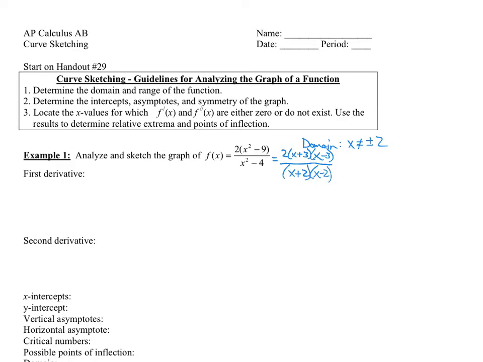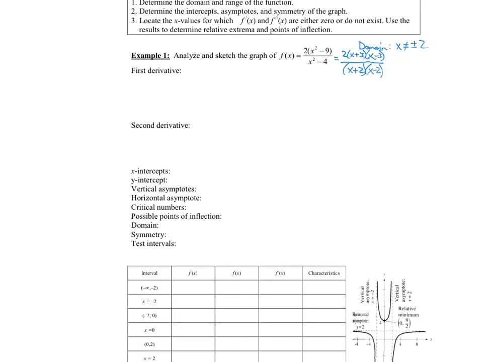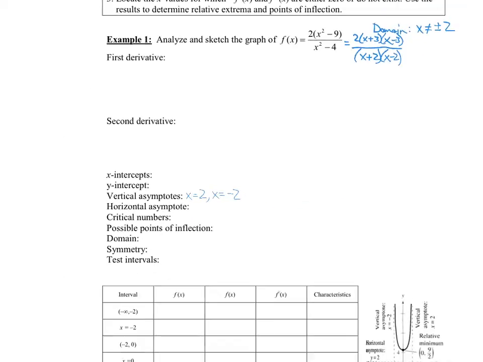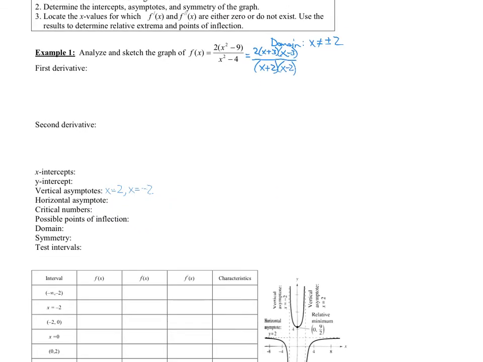Okay? So these are vertical asymptotes, which actually we have listed down here. Okay, so x equals 2 and x equals negative 2. All right?